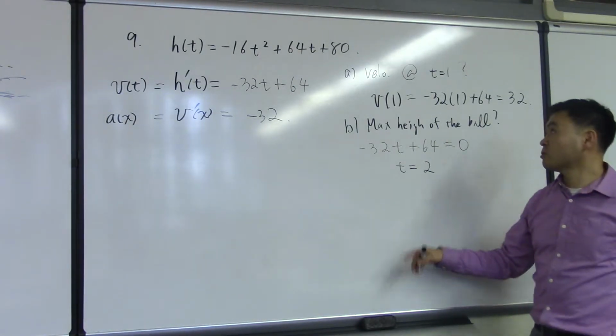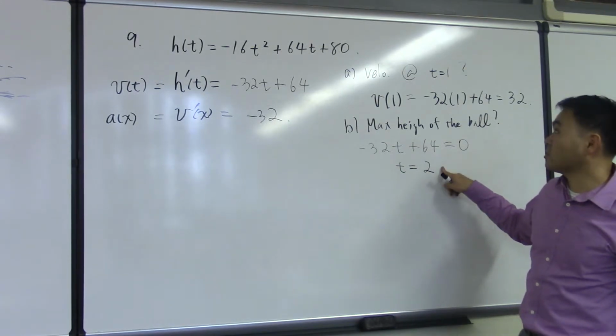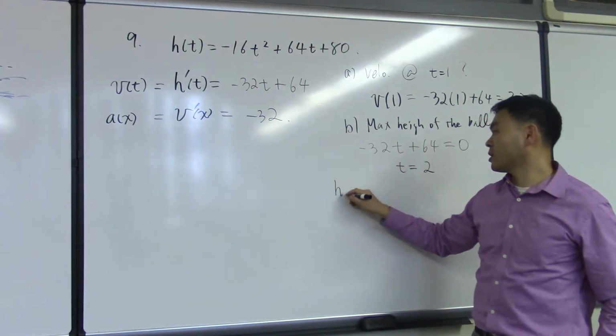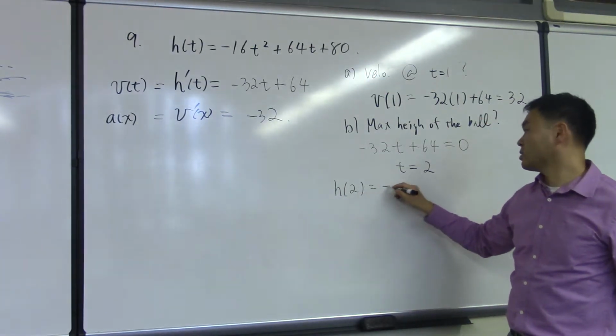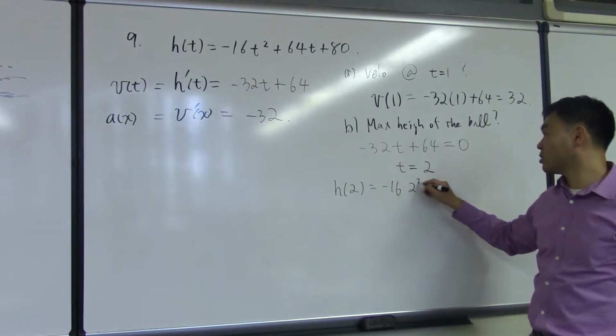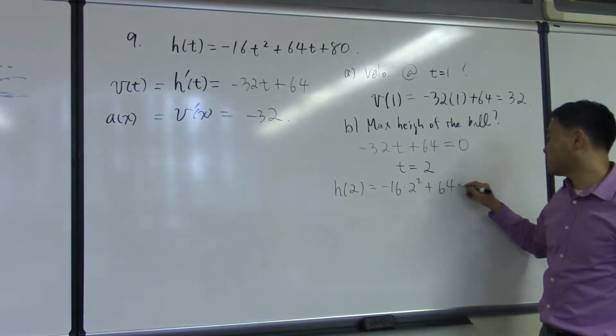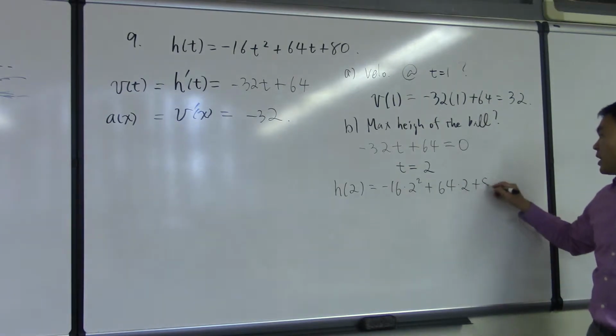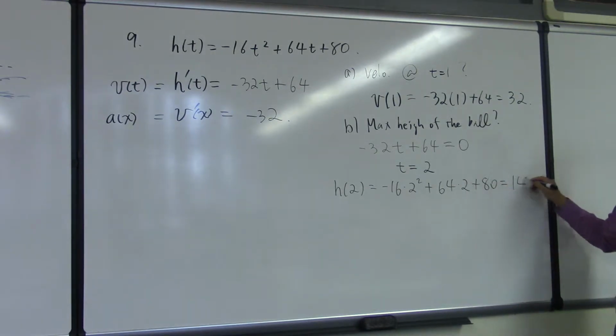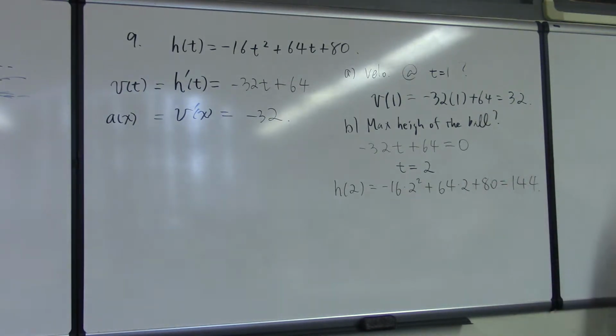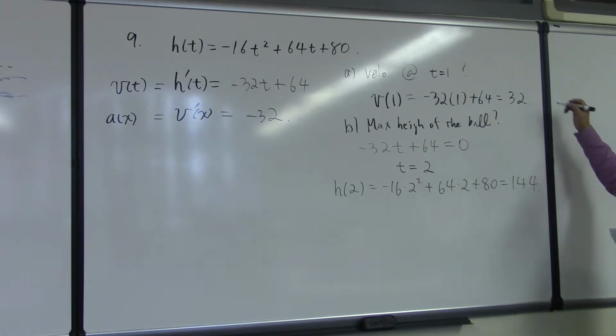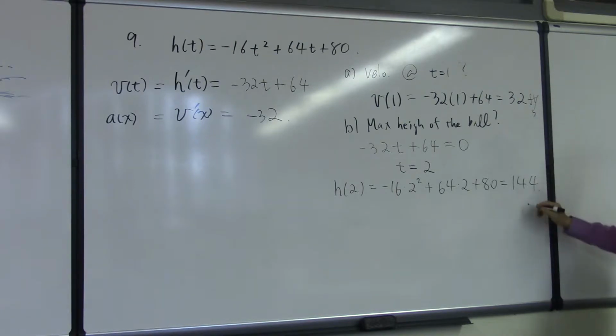Therefore, to get the maximum height, you just plug this number in, and you get h of 2 equals negative 16 times 2 squared plus 64 times 2 plus 80, and that will be 140. And by the way, these questions come with all kinds of units, so we should really write that in. This is feet per second, and this is feet.